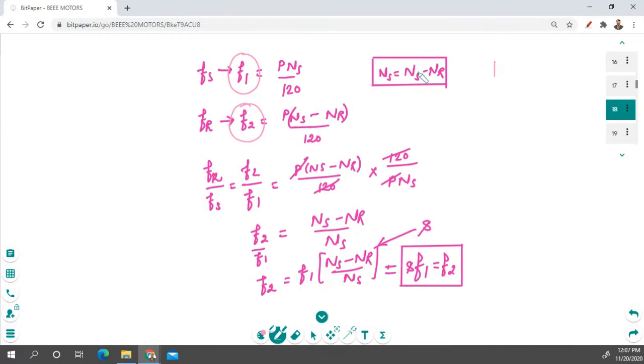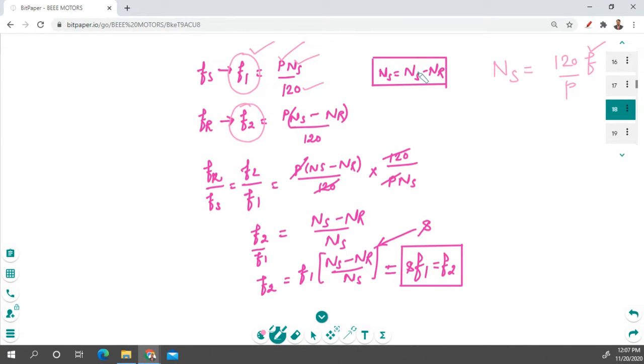We know that the synchronous speed Ns is equal to 120 F divided by P. We can rearrange this equation to find out the frequency, and we will achieve P into Ns divided by 120. P is the number of poles, Ns is the synchronous speed, and 120 is the angle apart between each phase.